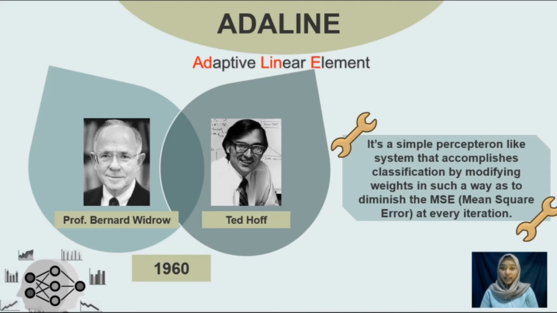This ADALINE network is similar to the perceptron, but its activation function is linear. It is a simple perceptron-like system that accomplishes classification by modifying weights in such a way as to diminish the MSE, or mean square error, at every iteration or at every epoch.